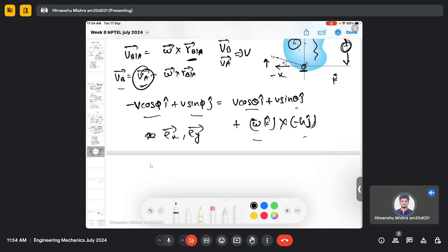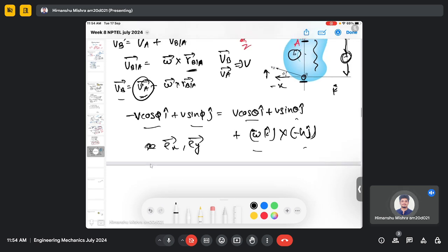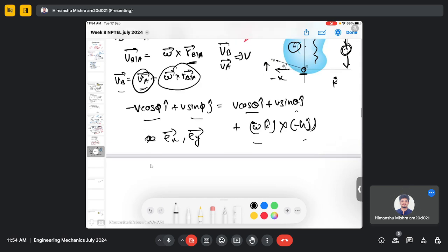Okay, so from the basic vector algebra, you know that if you do the cross product, right? So here we did the cross product of a component in the k direction and in the j direction, and you know that if you do the cross product of k and j, the resulting quantity will be in the i direction, right? For example, if you do the cross product of i and j, you will get the resulting quantity in k.